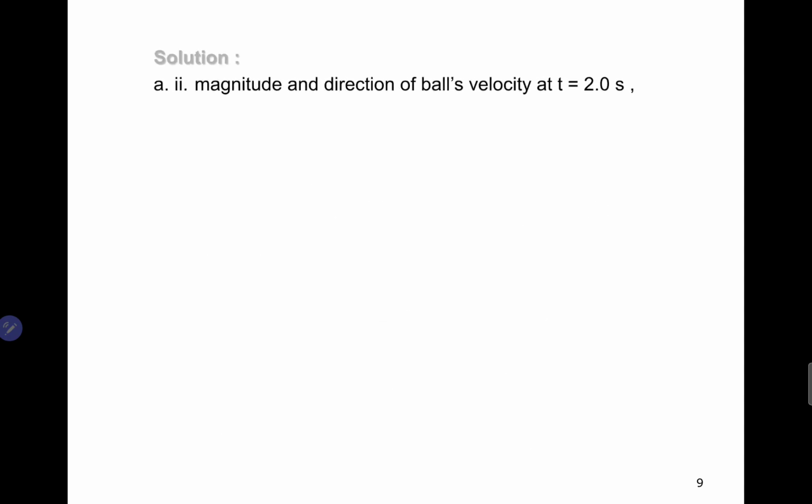Now for the second problem. They want us to calculate the magnitude and direction of the ball velocity at t equals 2 seconds. For the horizontal component, x velocity will be constant, so you don't need to calculate.